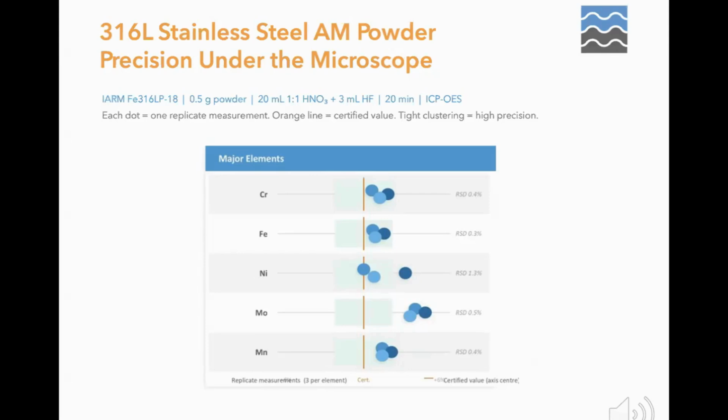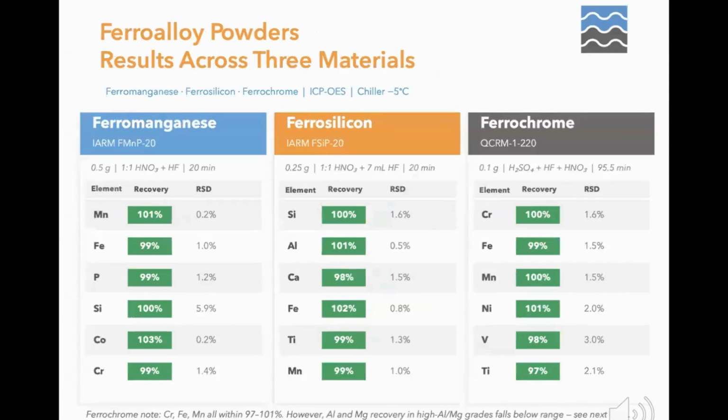So you can see tight clustering around that band. This is a challenging powder to digest. If you look at the major elements that are there, the dots are fairly well clustered around the certified number. But happy to provide this kind of data in this form for whatever CRM you'd like to look at.